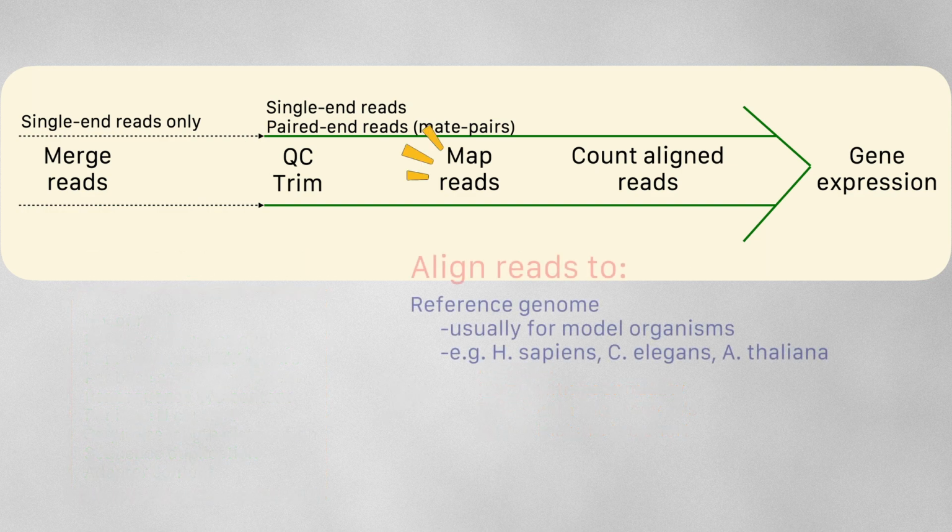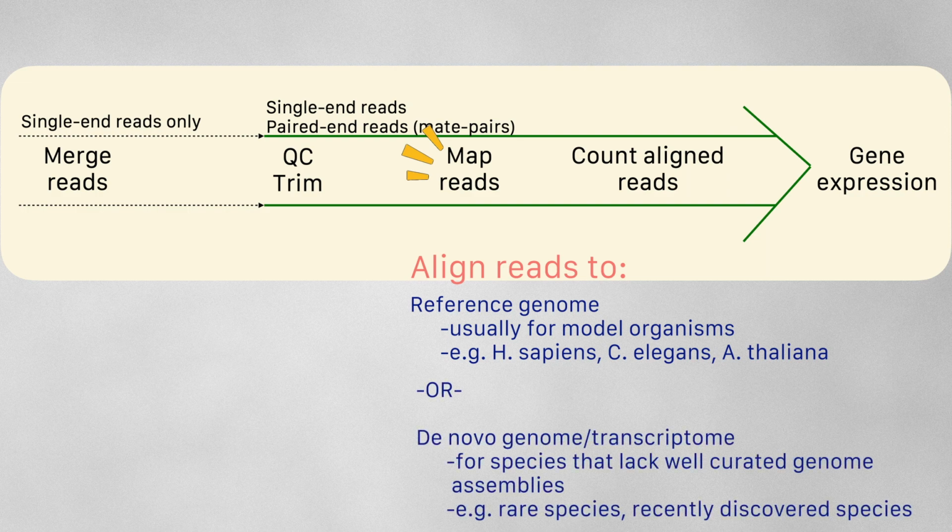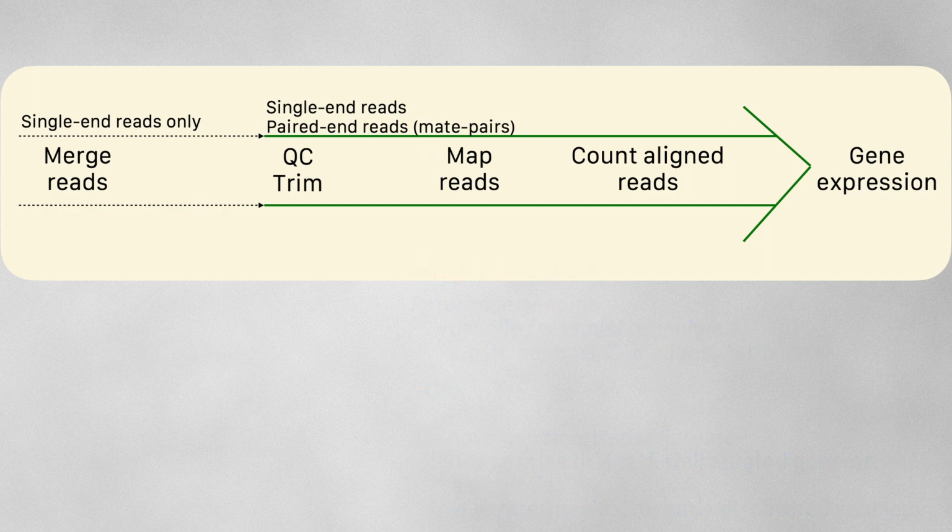Next, we have to map our reads, our fragments, into a reference genome if the reference genome is available, or to map it to a de novo assembled transcriptome or genome. Lastly, we have to finally count the reads that actually align to the reference.